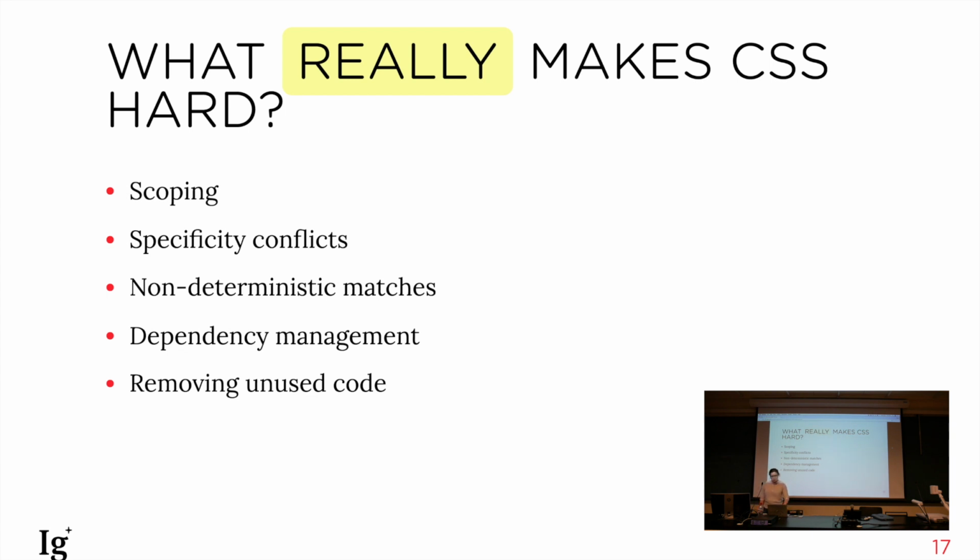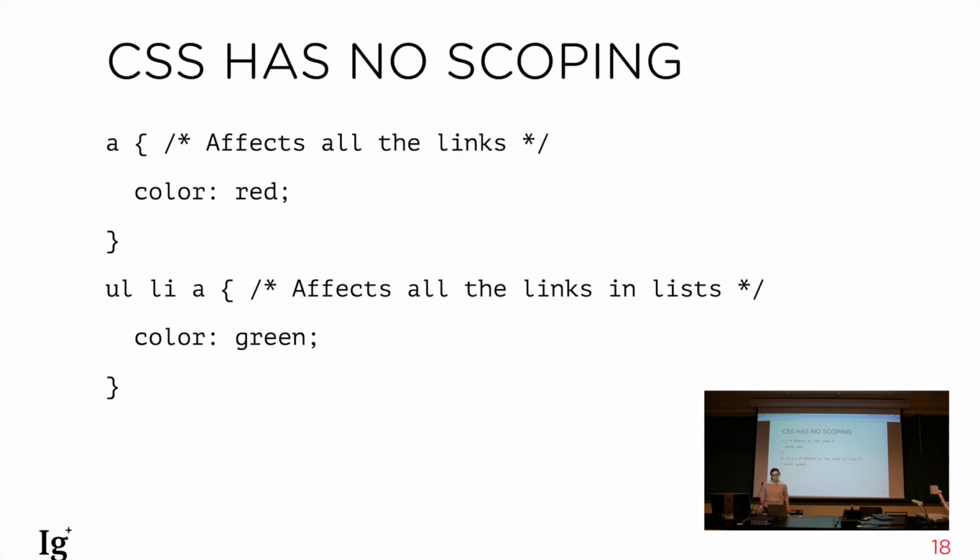So let's have a closer look at everything. Scoping means that in CSS everything is global, and writing CSS code is very much like writing a program in a high-level language where only global variables are allowed. There are no local variables, only global variables. If you write CSS like that, it will affect all the links across the web page.